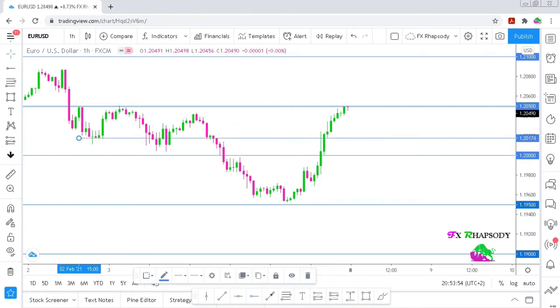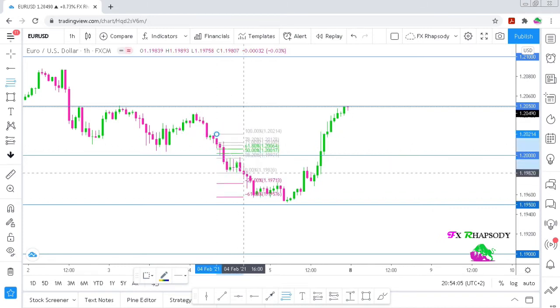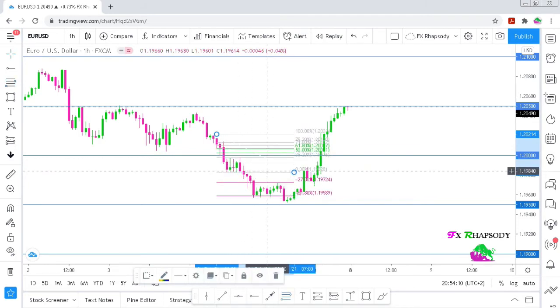So in actual fact, if you want to draw your Fibonacci, especially when it breaks through, you will draw it from the top there, all the way down to here, because this is where it started turning up. So the price came from there, it turned there, it came up, and it retested the 38.2% again.